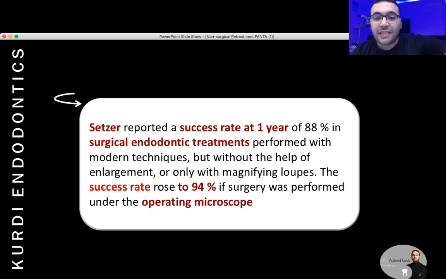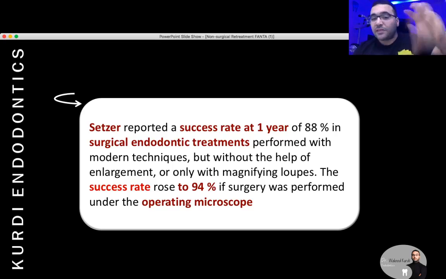Here we have a study by Setzer. He reported that the success rate one year after surgical endodontic treatment was 88% in the normal cases. But when he used the operating microscope and the modern techniques, the success rate was higher, about 94%.